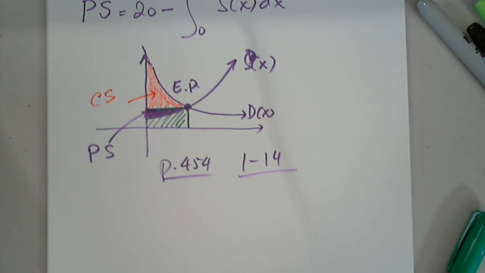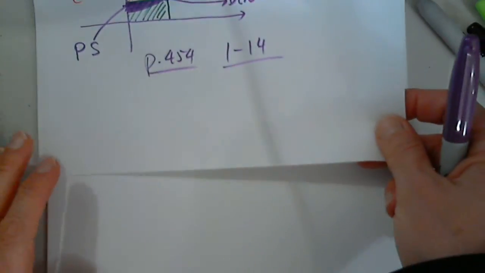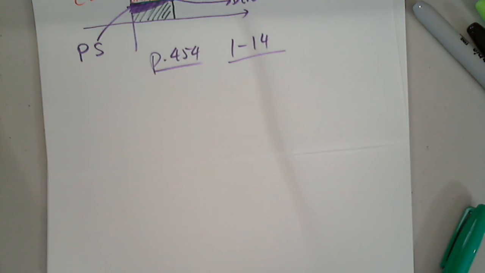So it says the price is such and such. Find the equilibrium point, the consumer surplus at the equilibrium point, and the producer surplus at the equilibrium point. Which one? Or I will choose. 1, 2, 3.